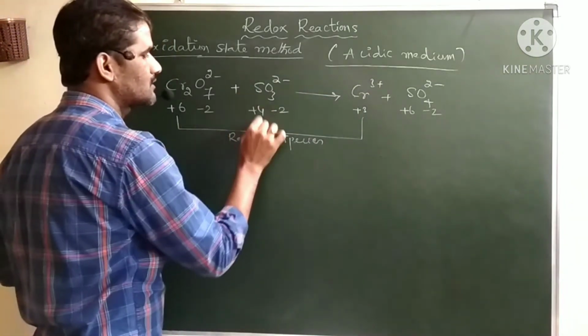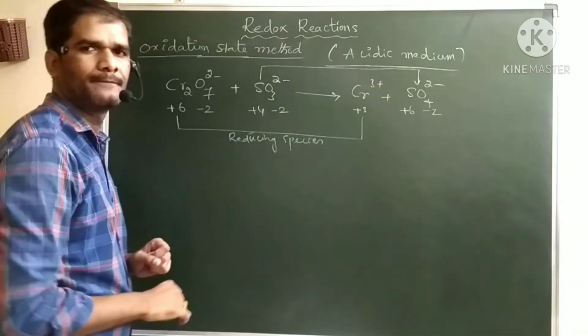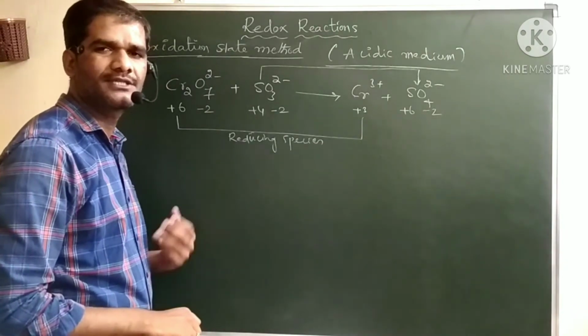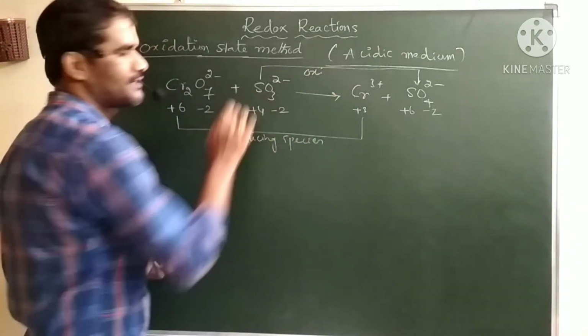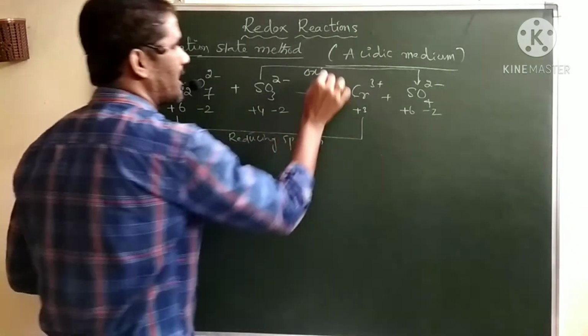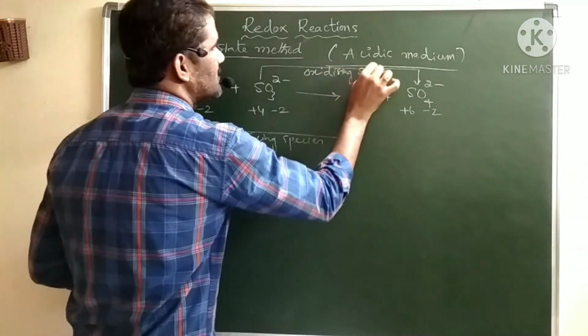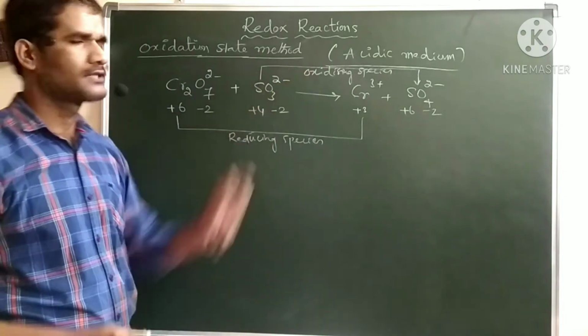Here sulfur's oxidation state changes from plus 4 to plus 6. Plus 4 to plus 6 means increasing oxidation state. The oxidation state increases, oxidation. Means here the reducing species is SO3 2 minus. Now we identified the reducing and oxidizing species.